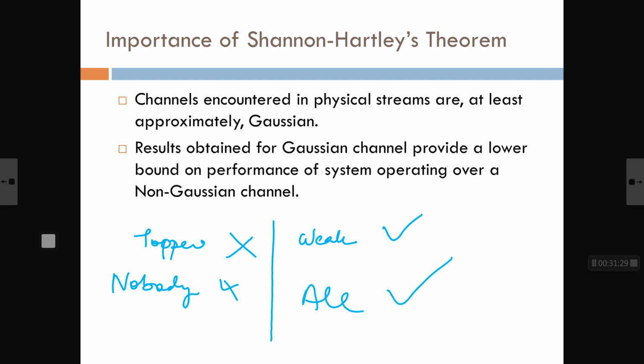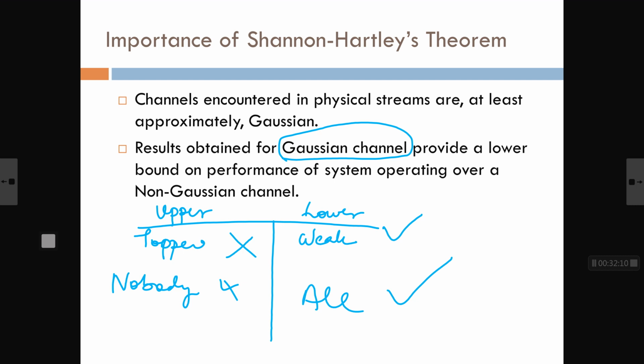So this is somewhat like whatever is true for a Gaussian channel. Whatever result is obtained for the Gaussian channel will set a lower bound. If I see the topper, it would be like the upper bound. If I see the weak student, it will be like a lower bound. The easiest question I should ask in the exam is what a weak student should be able to solve, and the toughest problem I should ask is what a topper should be able to solve.